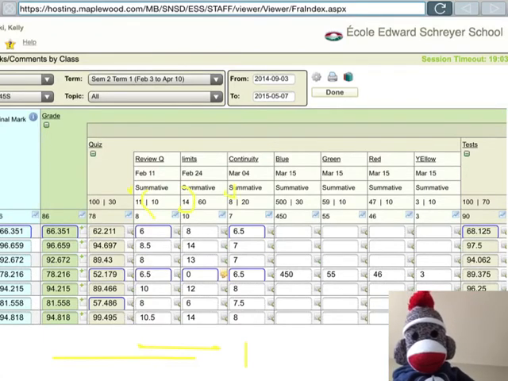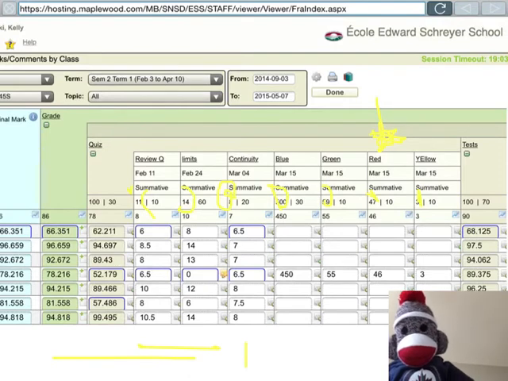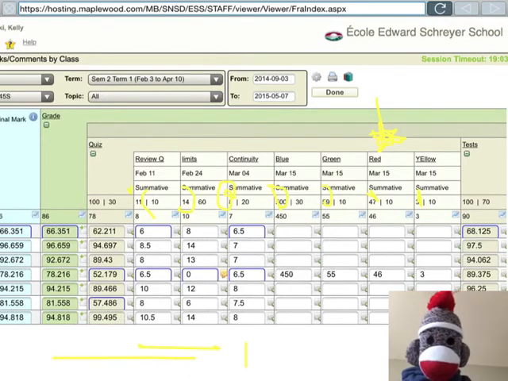The first marks are what your denominators were on your lessons. You don't care about those right now. You have to look at each lesson and think, what did I allocate for that on my course outline? So when you go to weight these things, this one's worth 10, this one's worth 60, this one's worth 20, 30, 10, 10, and 10.